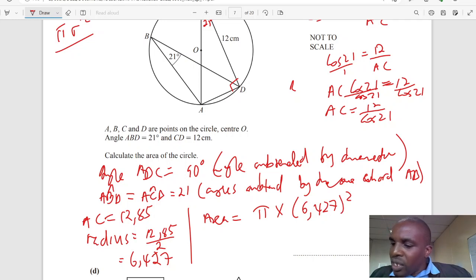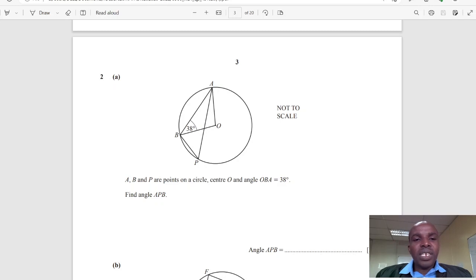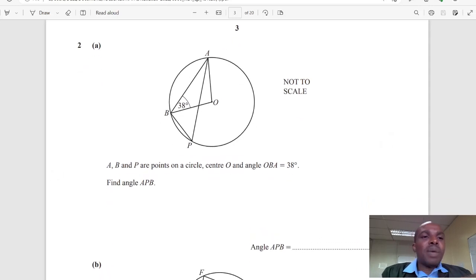Then it's 129.76. To 3 significant figures, it will be 130. So it's 130 square centimeters. Done.